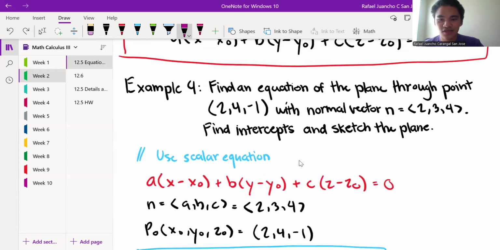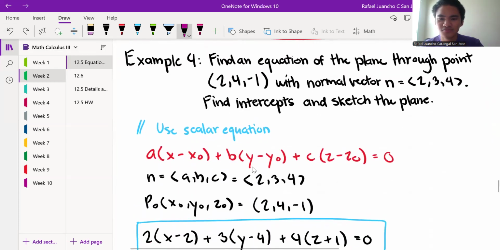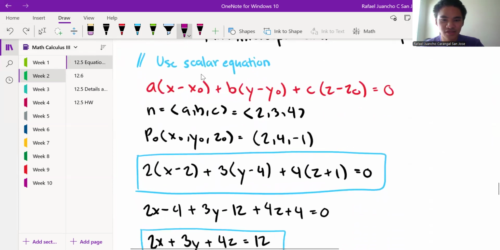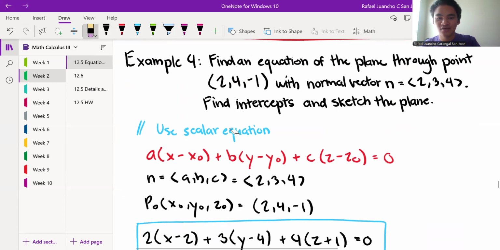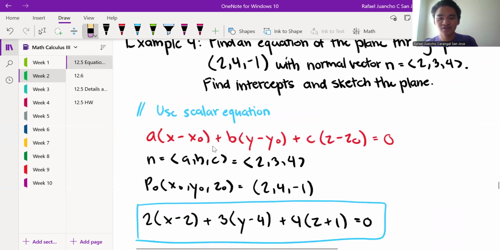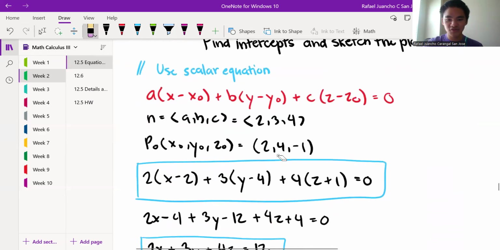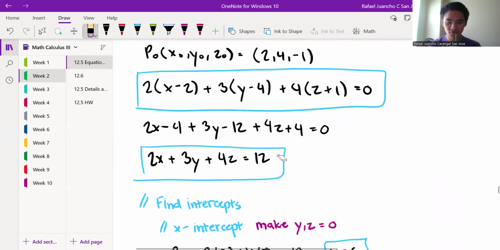Okay, so yeah, this example is just, it's there. We just plug it in, right? We have our initial point, which is 2, 4, -1. This thing right here, 2, 4, -1. And then once we get our initial point, x naught, y naught, z naught, as well as our normal vector, which is perpendicular, then we can plug those values in and we get those two.